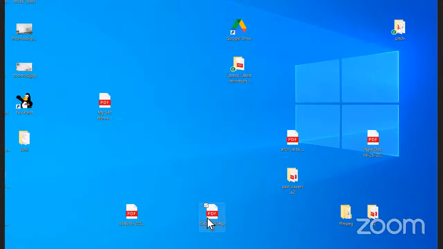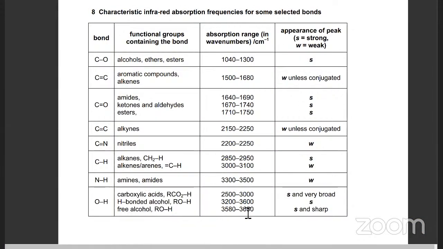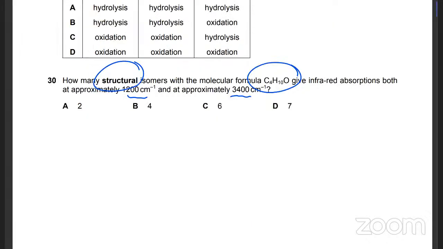If you have a data booklet, around 3400, above 3200, it's alcohol OH. And what's 1200? That's the C single bond O. Whenever you have an OH, you also have a C single bond O as well. So we're basically looking for alcohols.